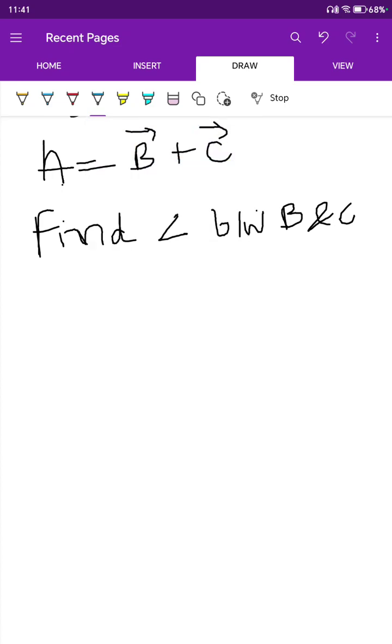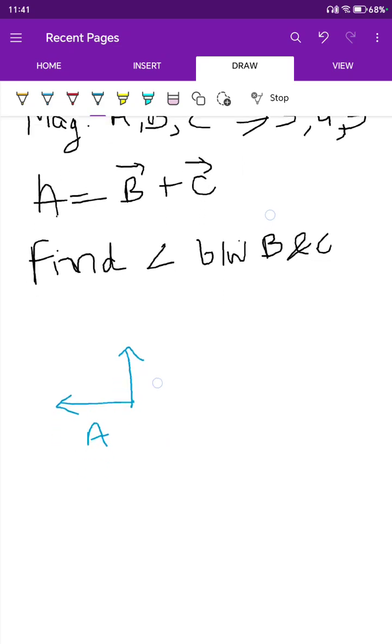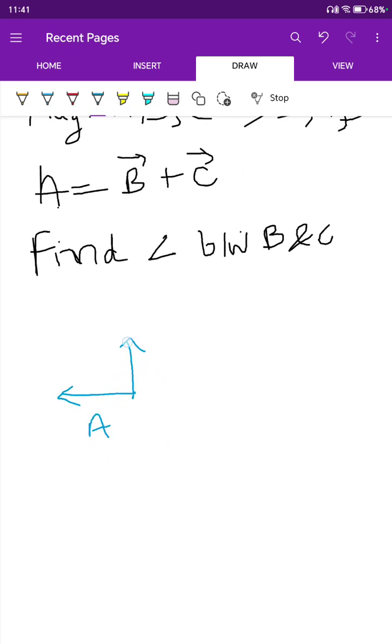So let's make these vectors. Let's take this as a vector here, then let's take it as b vector. What are the magnitudes? 3, 4, and 5. 5 will always be the hypotenuse. Let's take this b, c, a. So these are 3, 4, and this is 5. So what will be the angle? It is a simple Pythagoras theorem, or you can also do it by trigonometry.